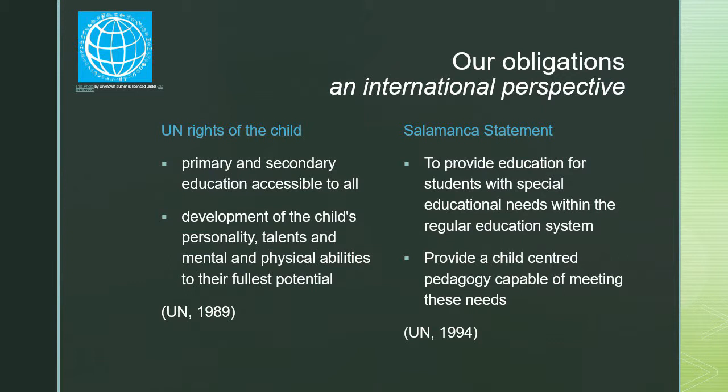In further details, the Salamanca Statement on education for people with special needs, and in that there is a further elaboration on the fact that we need to include students with special needs within our mainstream education system and provide a child-centred pedagogy that can meet those needs.